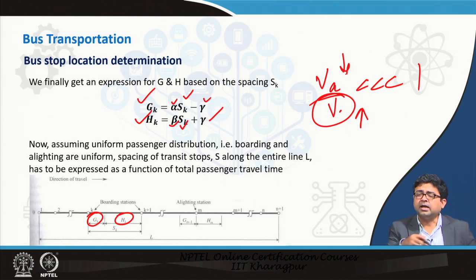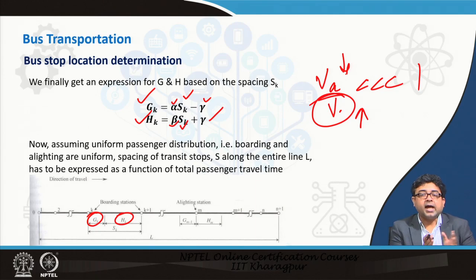That means everybody is walking, whereas the metro is going at 60 kilometers per hour, whereas your walking speed is maybe 4 or 5 kilometers per hour, whatever it is. At that point the market shed line comes to the center, and Gk and Hk become equal.